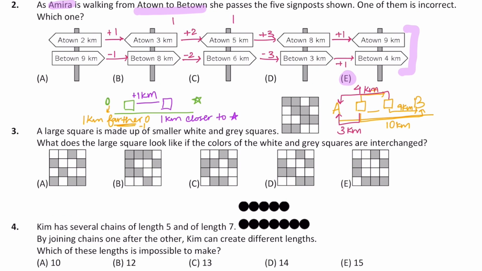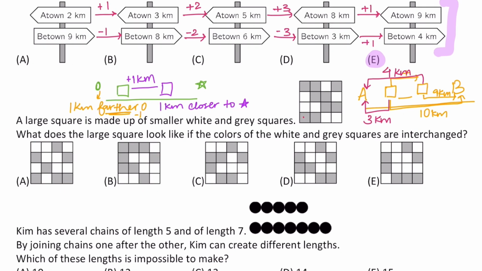A large square is made up of smaller white and gray squares. What does the large square look like if the colors of the white and the gray squares were interchanged? So let's look at these gray ones over here. Now the gray ones interchanged means they're being switched between or replaced. The gray will become white and the white will become gray.